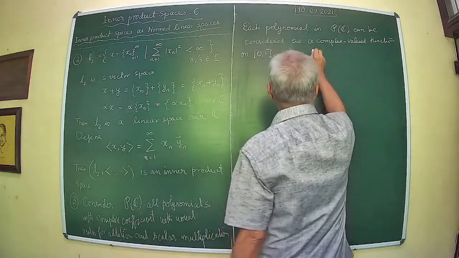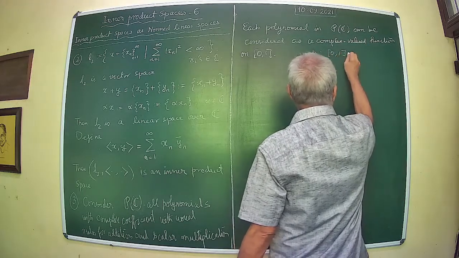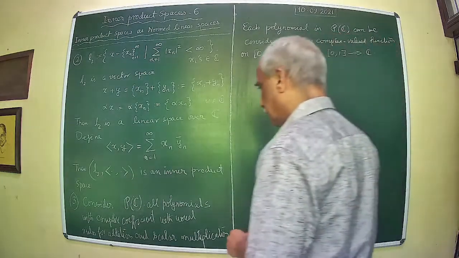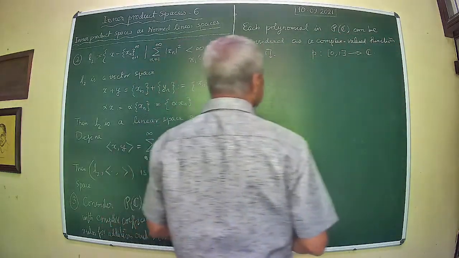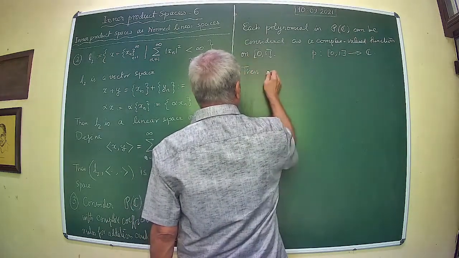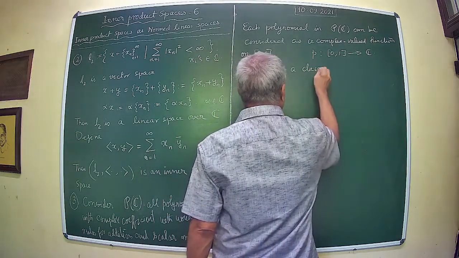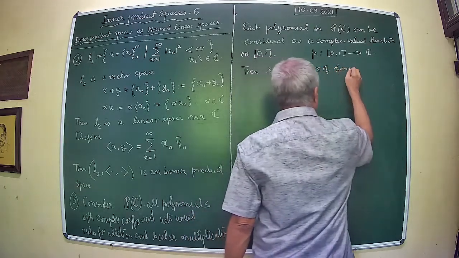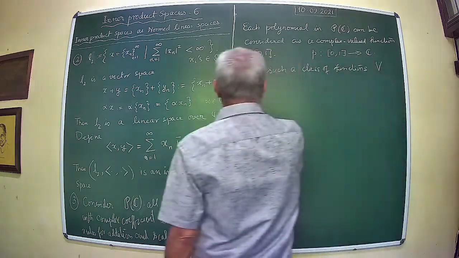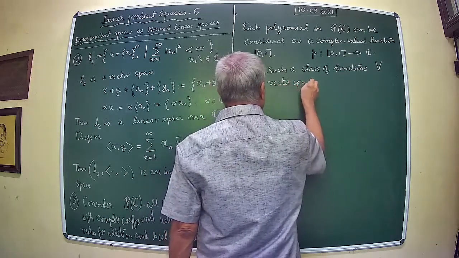That is P maps, now with the usual addition and scalar multiplication. Is a vector space.